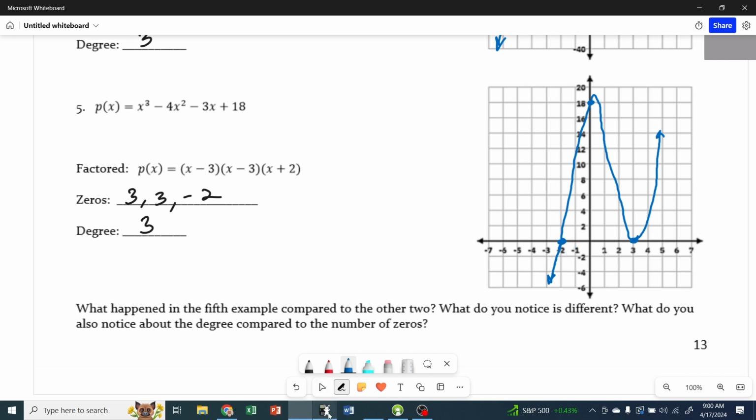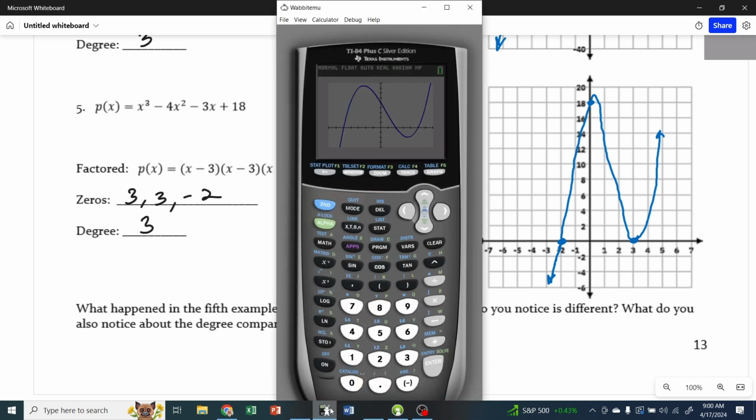Let's see what we do with the graphing calculator. So I come back over here, we'll clear this out, and we're going to say x cubed minus 4x squared minus 3x plus 18.